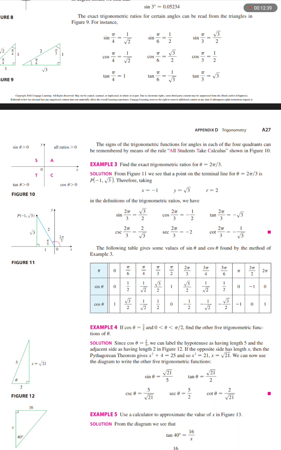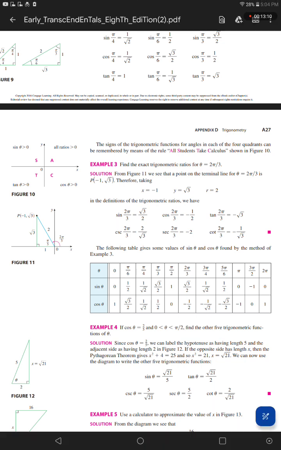The following table gives some values of sine theta and cosine theta found by the method of example 3. There are 3 rows, one of theta, one of sine theta, one of cosine theta. For theta, there's 0, pi over 6, pi over 4, pi over 3, pi over 2, 2 pi over 3, 3 pi over 4, 5 pi over 6, pi, 3 pi over 2, 2 pi.